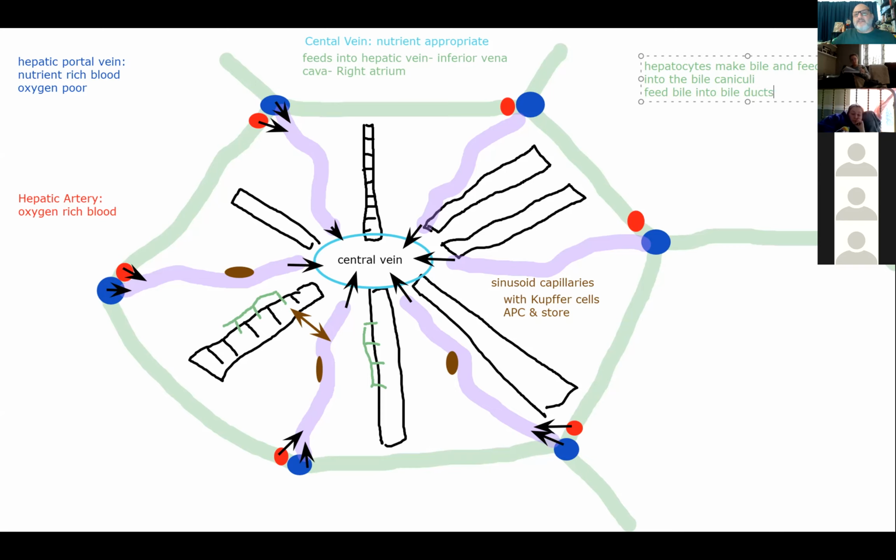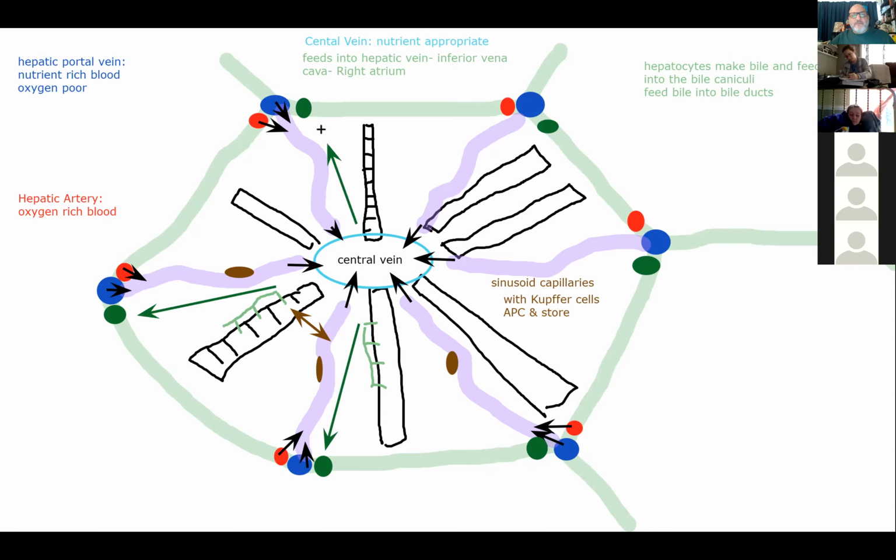And these bile ducts are also located here in the connective tissue septum of our liver lobules. So notice in this case, we are making that bile and feeding the bile outward in the opposite direction of the blood, out of the hepatocytes to those bile ducts.